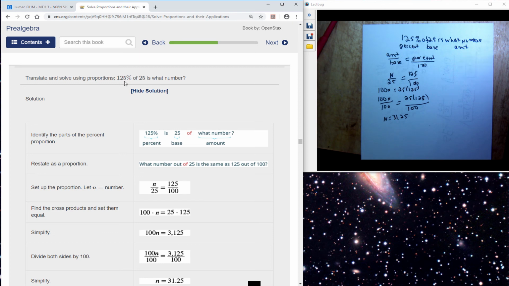This one here, 125% of 25 is what number? So there's my percent. After the of is my base, and that's my amount. Then I plug into it, cross multiply and divide, and n is equal to 31.25.